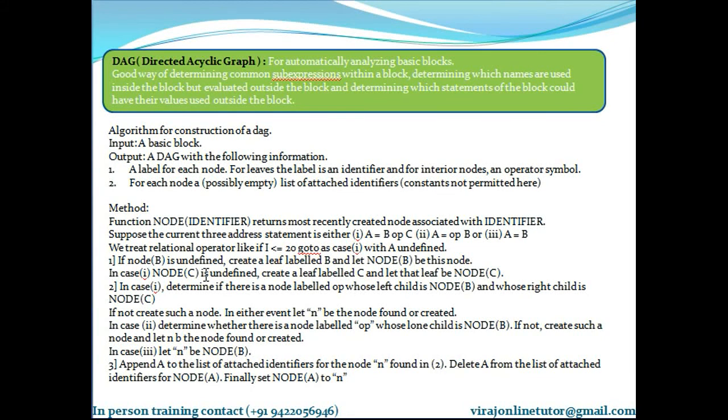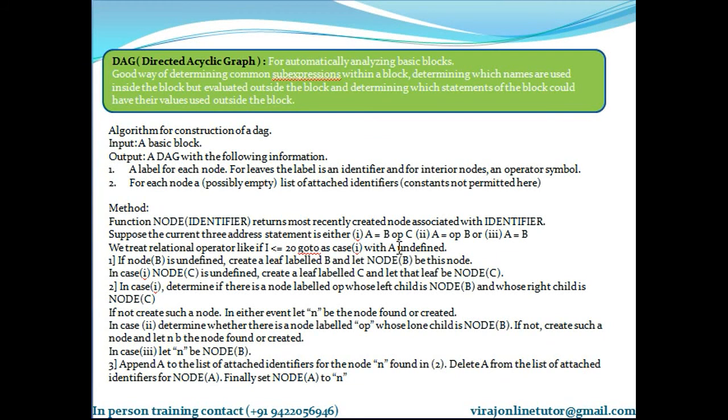So in case 1, node C is undefined, hence you create a leaf and label it with C, and then let that leaf be node of C. So in case 1, determine if there is a node labeled op whose left child is node B and whose right child is node C. If a node is not available, create a leaf node and assign that label.